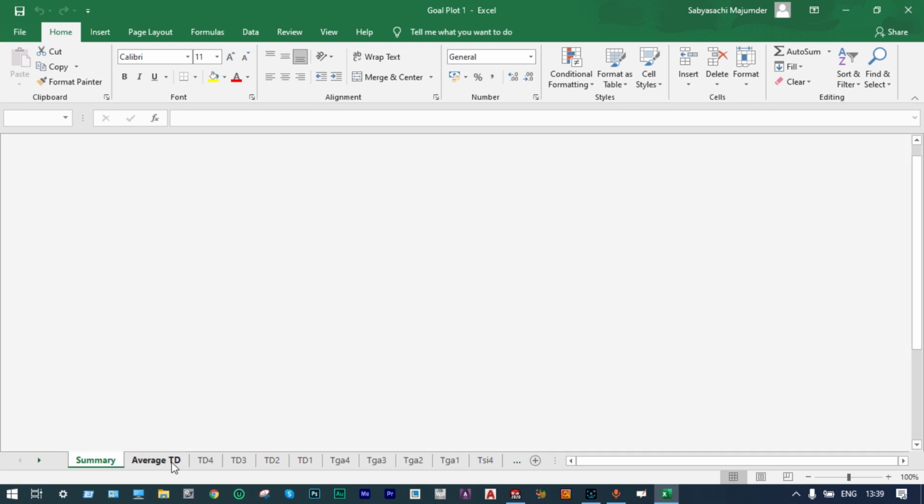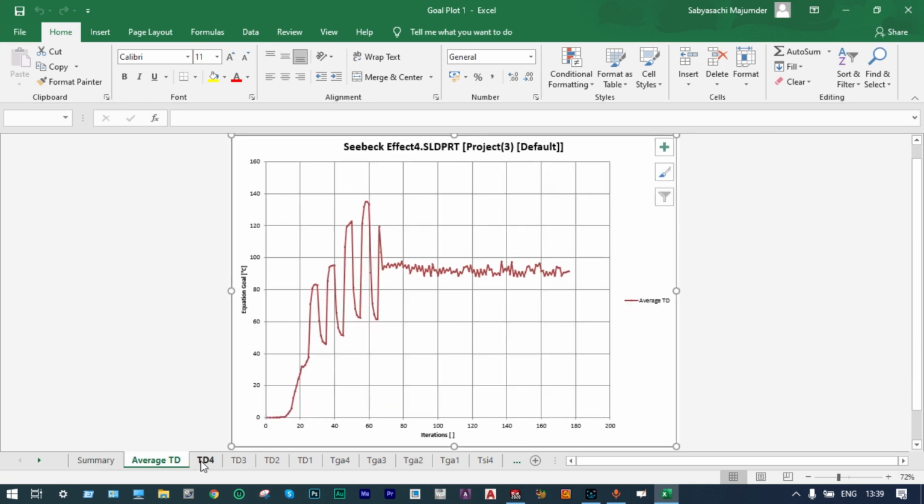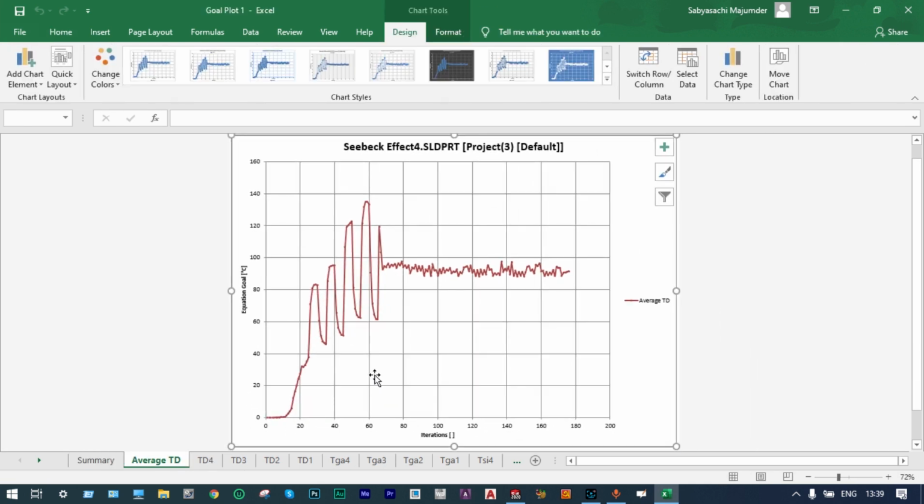We can have a graph of average temperature difference. So this is the graph of average temperature difference obtained from equation goals. Average temperature difference is in the range of 90 degrees centigrade, right?